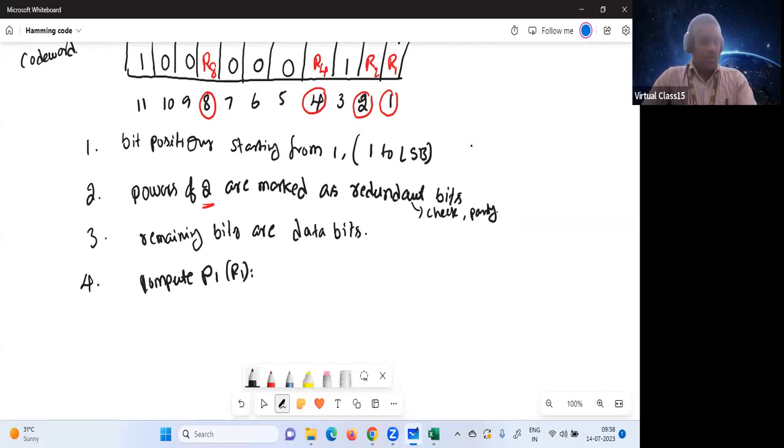P1 covers all the bit positions whose binary representation includes a 1 in the LSB, which means in the first position.